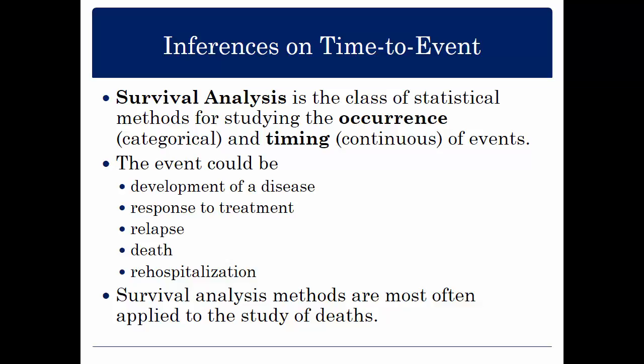This is a unique kind of data because it combines both a categorical piece of information, so the yes, no, the event occurred or did it not, with a continuous outcome, in particular a time of the occurrence.